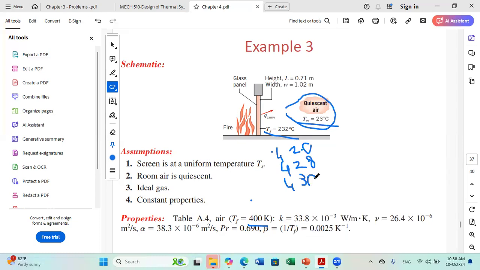Problems will remind you of how to do interpolations. But if it's very close, if it's 421, it's fine to take it as 420. It's not a big deal. So you can find your properties from your table: K, mu, alpha, Prandtl, beta, etc.